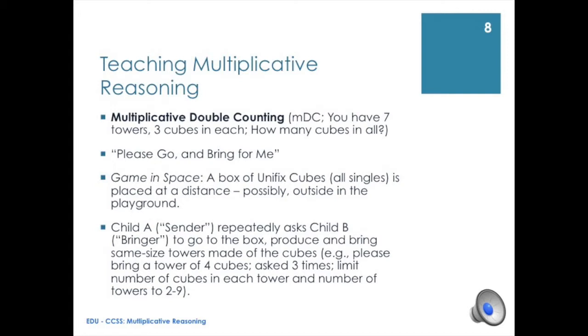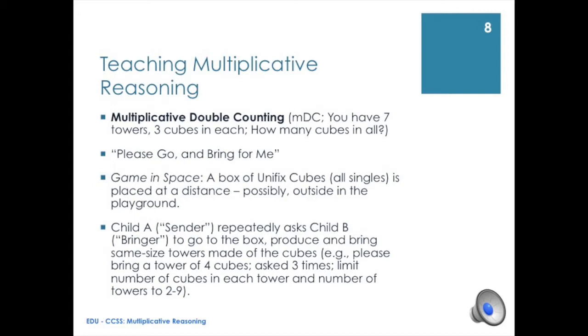So the sender might say, please bring a tower of 4 cubes, and then the person who goes and creates the tower brings it back, and the sender says again, okay, go and make me a tower of 4 cubes, and does that, say, 3 times prior to what happens next in the game.